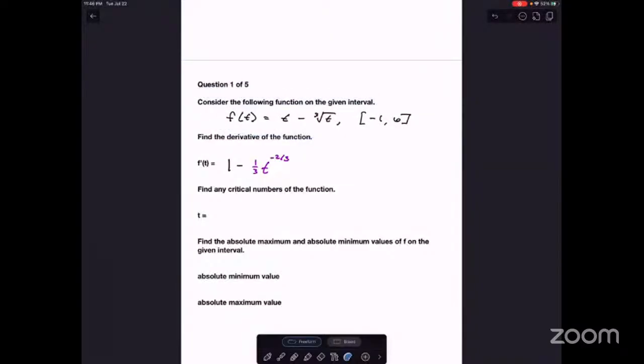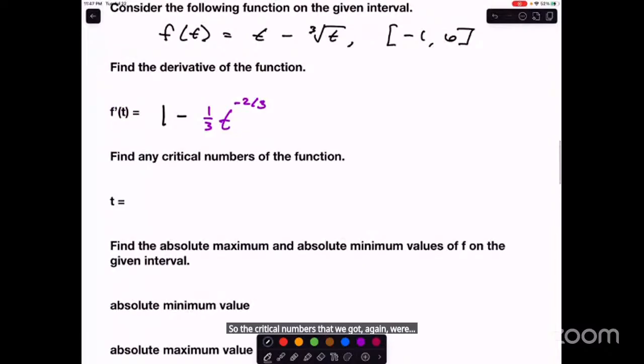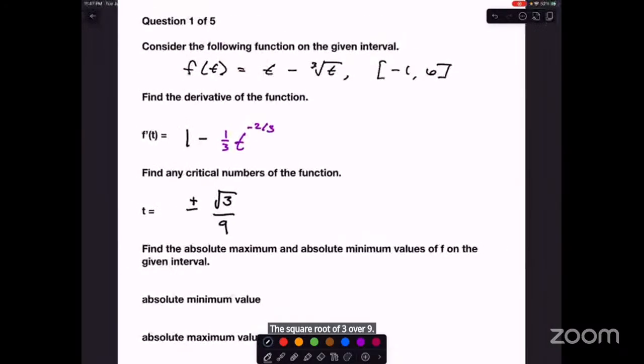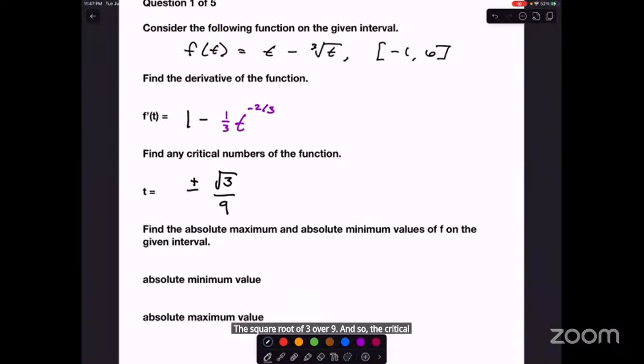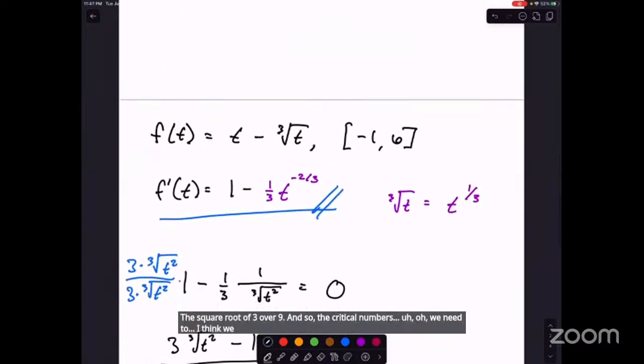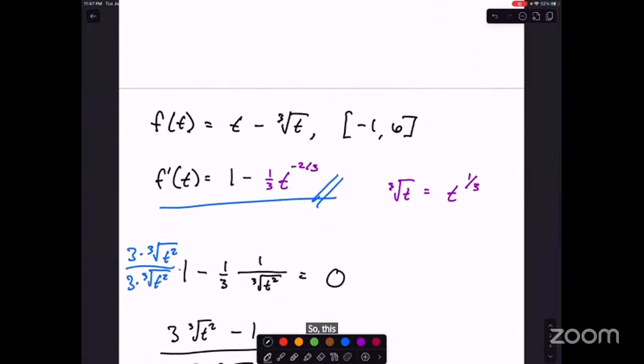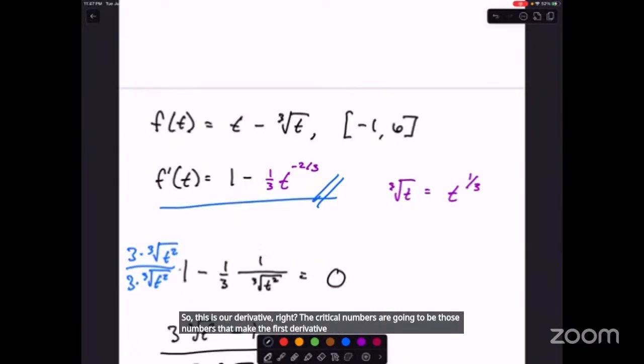The critical numbers that we got again were plus or minus the square root of 3 over 9. And I think we need to test another one. So this is our derivative, right? The critical numbers are going to be those numbers that make the first derivative either 0 or undefined.